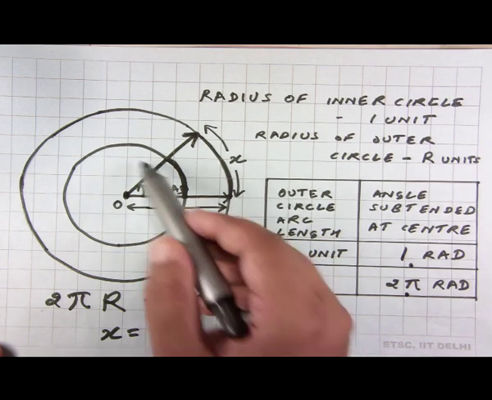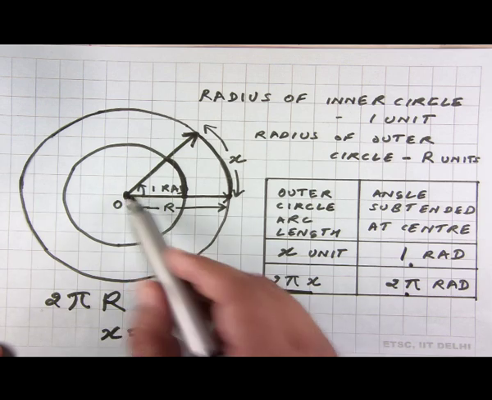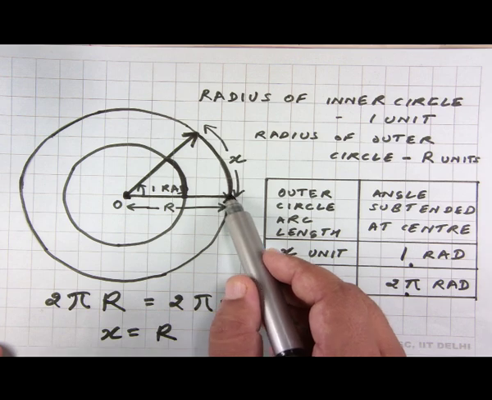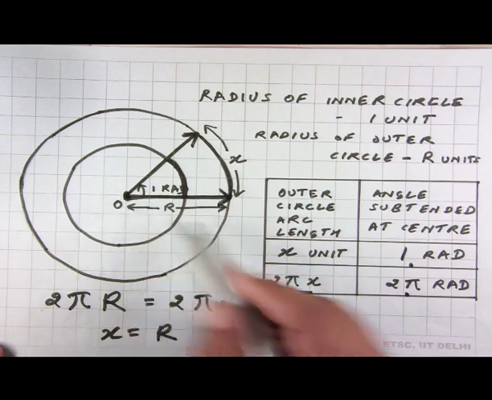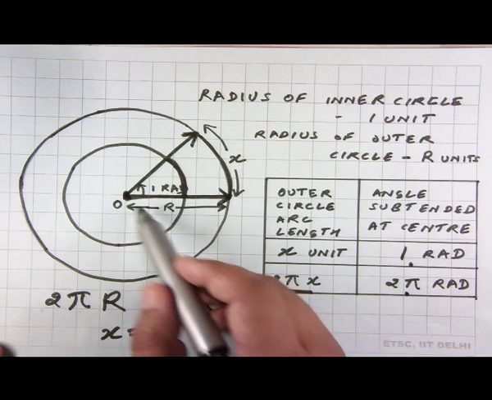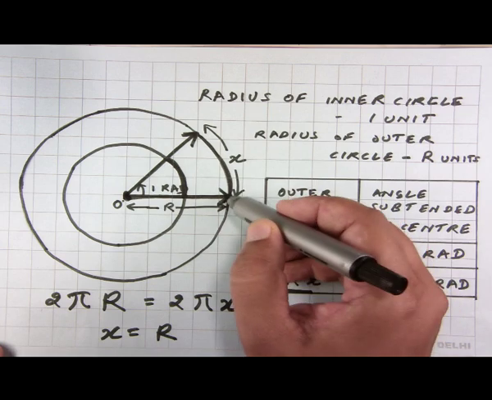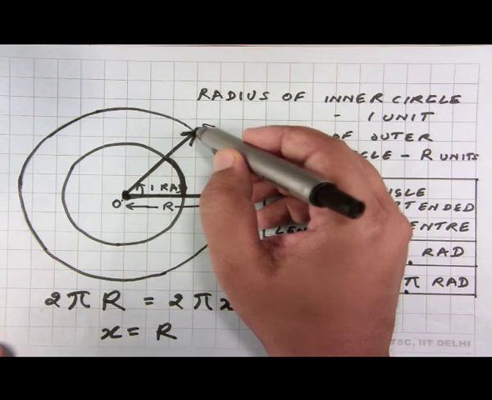So, we could also define 1 radian very generally. Instead of just looking at a circle of unit radius, in general if we have a circle of radius r, let us look at this radius, this ray, on the outer circle. Now, if we rotate it by 1 radian, we reach here.